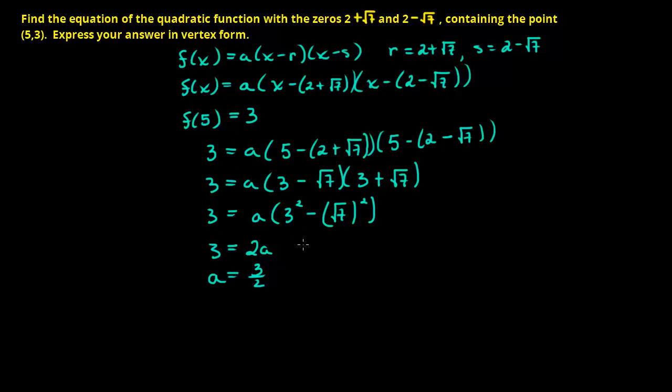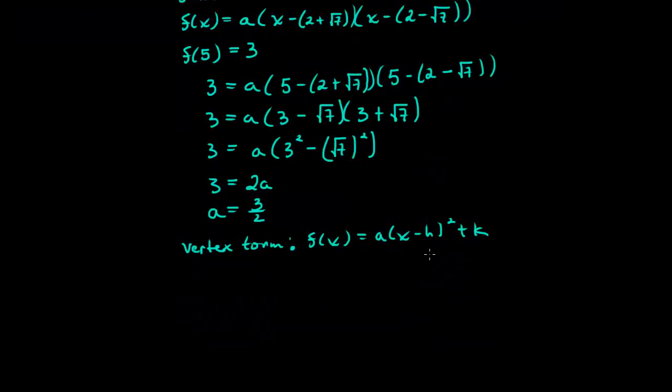Vertex form is f(x) is equal to a times (x minus h) squared plus k. Now, we already have a. A is 3 over 2. We need to figure out what h and k are.